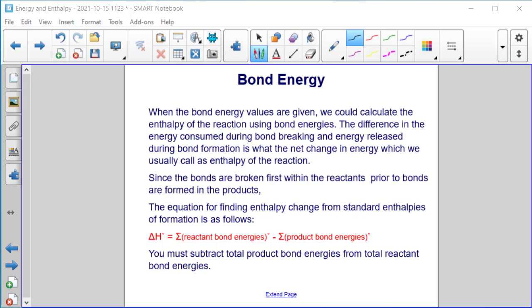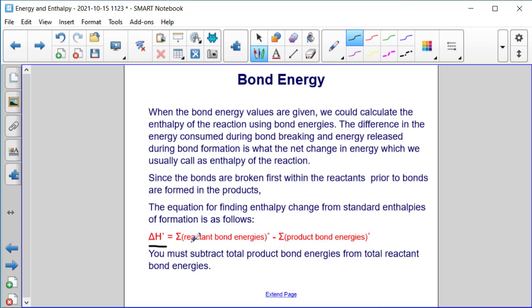Since the bonds are broken first within the reactants, prior to bonds formed in the products, we can use the following equation for finding the enthalpy change. On the left, this delta H0 is the enthalpy for the overall reaction.